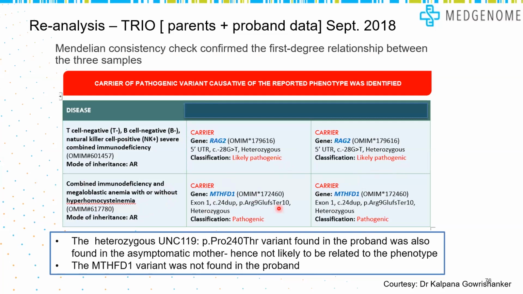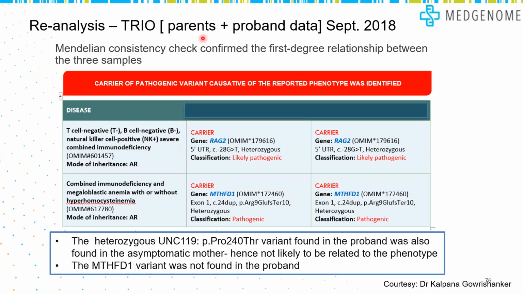But since the child was not there, this could not be confirmed by biochemical means. The other variant was also good. It was a likely pathogenic variant causing T cell negative, B cell negative, NK positive pattern. So this is most likely to be matching.